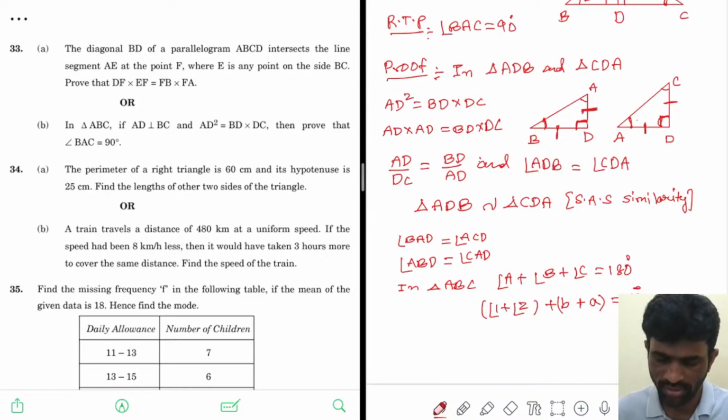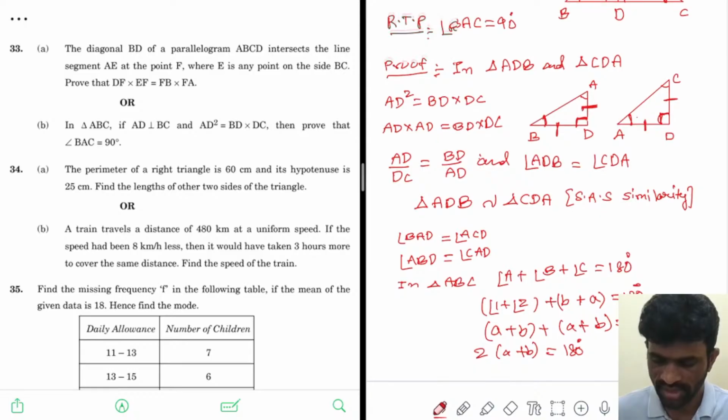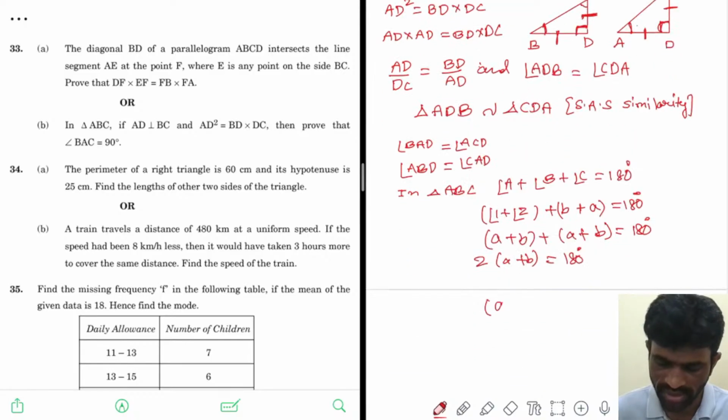Now we know angle 1 is equal to angle A, angle 2 is equal to angle B. So we can write again A plus B, A plus B plus again A plus B is equal to 180 degrees. So 2 times A plus B is equal to 180 degrees. That means A plus B is equal to 90 degrees.